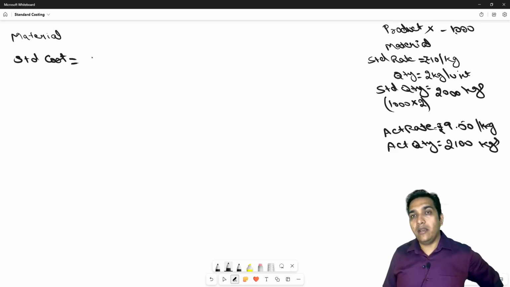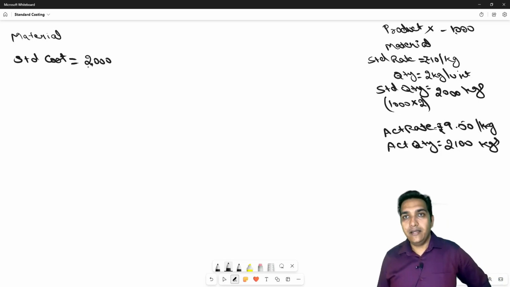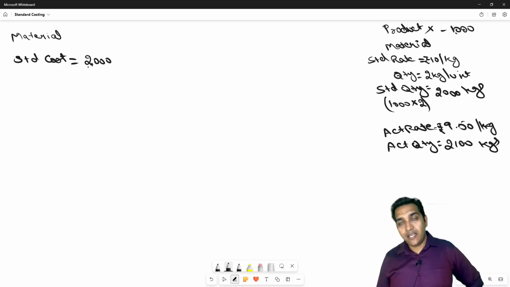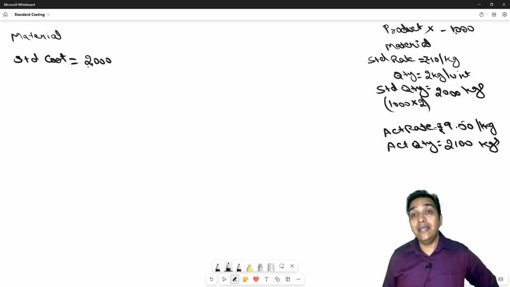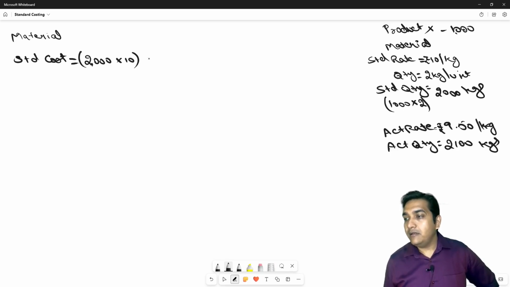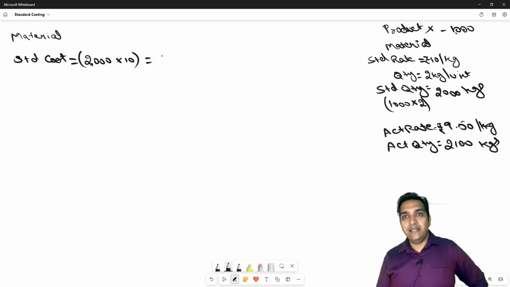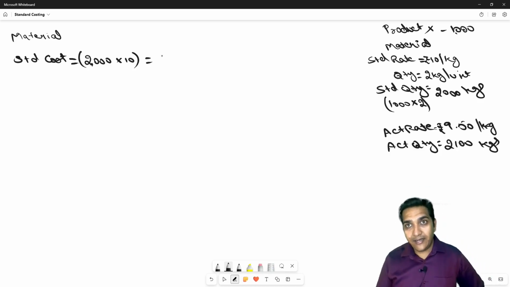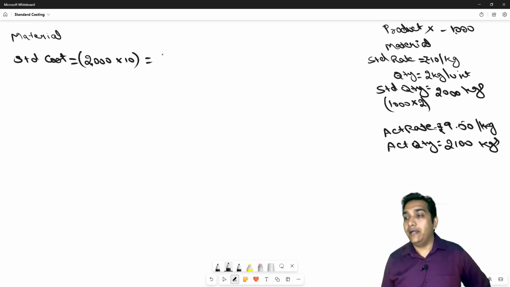So total quantity required to manufacture 1000 units comes to 2000, and every kg of material I plan to purchase at 10 rupees. So if we multiply my standard rate and standard quantity, I get my standard cost, which is 20,000 in this case.